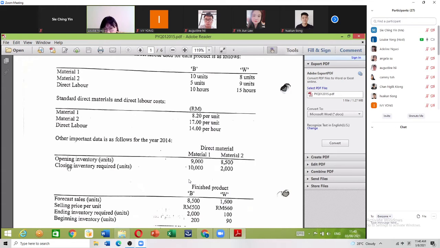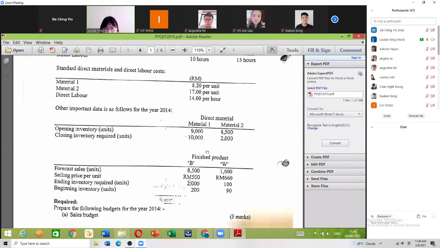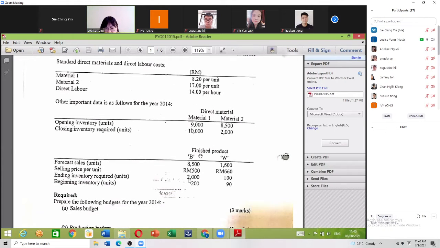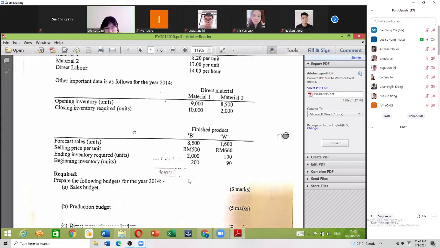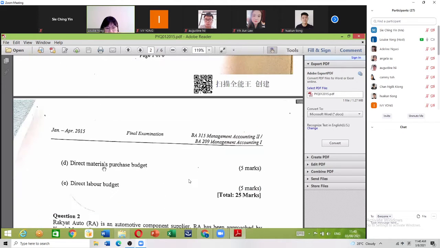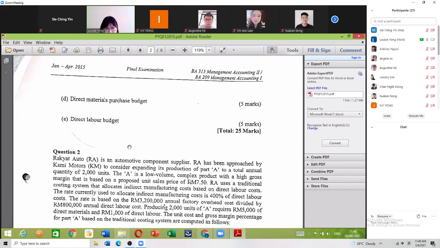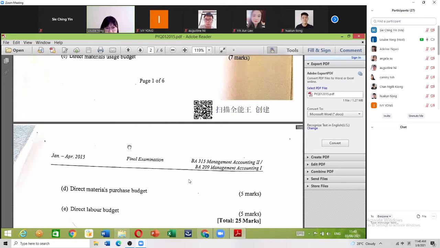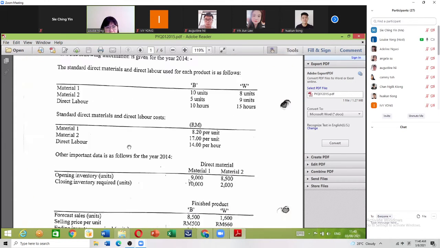This opening and closing inventory is for material, and this one is your finished goods, so you have your opening and your ending inventory. Prepare the following budgets: sales budget, production budget, direct material usage budget, direct material purchase budget, and direct labor budget. We'll do this.